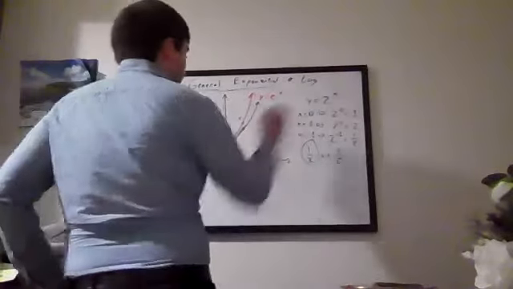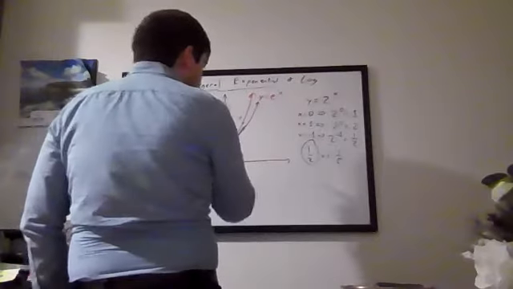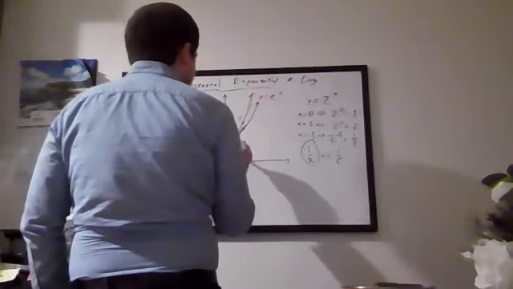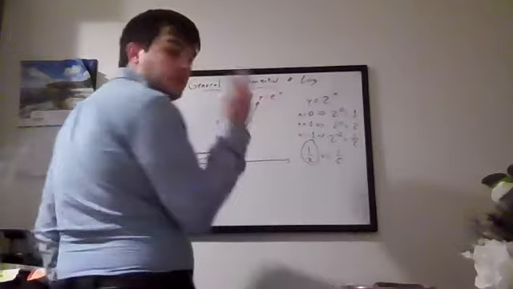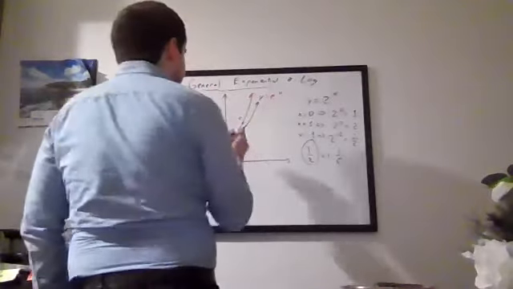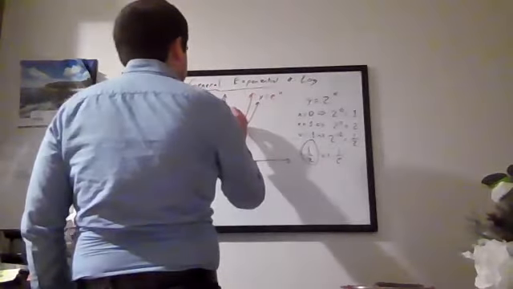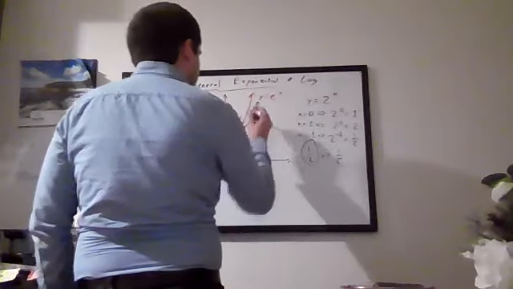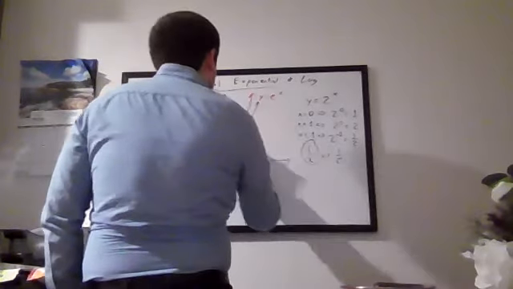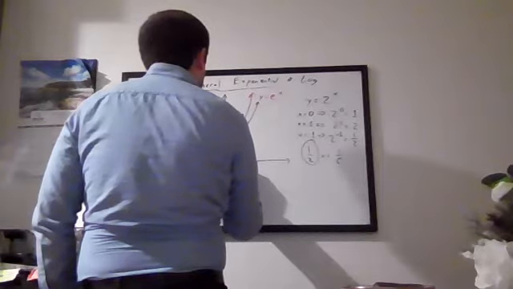Similarly, if I were to do 3 to the x, I'll use this purplish color here. Hopefully it comes through well. That's about 3 here, put 1 here, and put 1 about here.